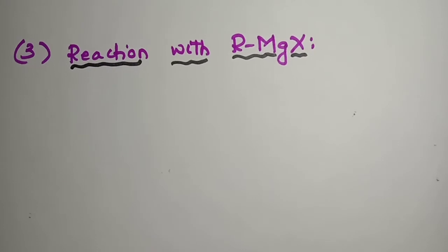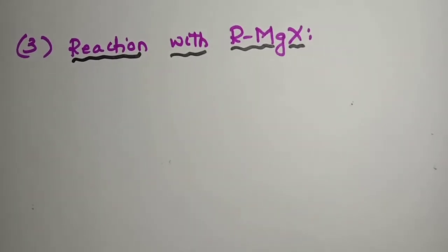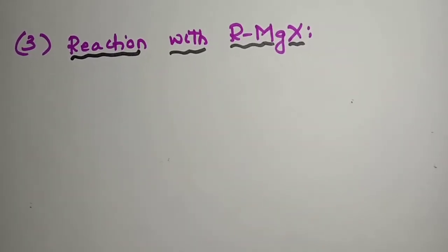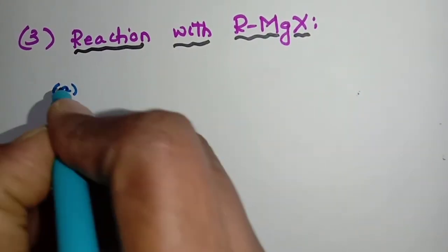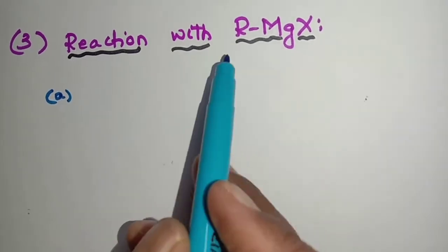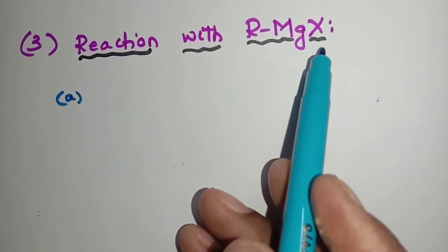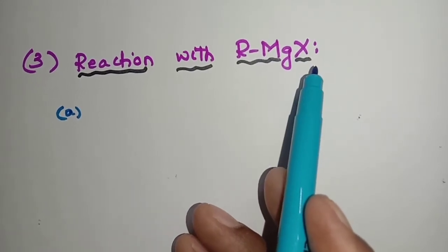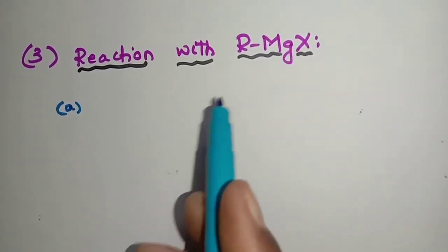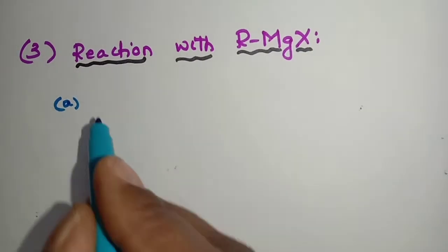So let us see what happens when aldehydes and ketones react with Grignard reagent. First one, HCHO reacts with RMgX in one way. Rest of the aldehydes react with RMgX in another way. Ketones react with RMgX in another way. So all the three I am going to show you.